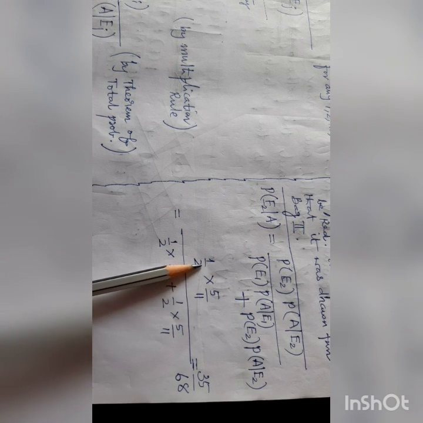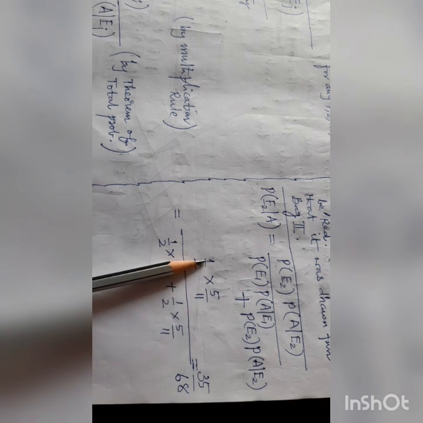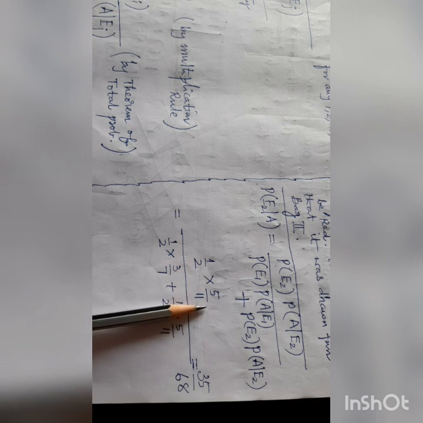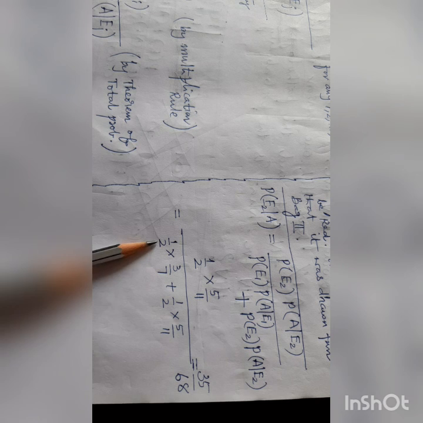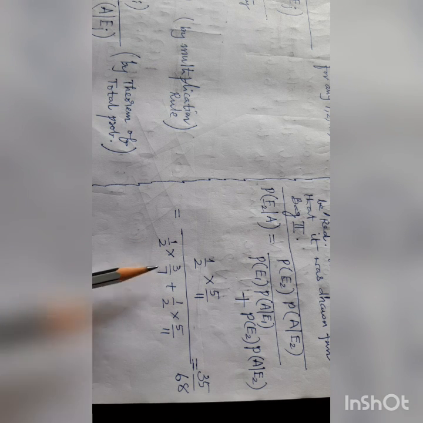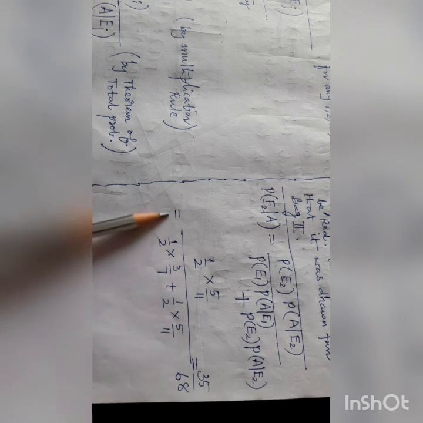What is the question? It should be the second box and red. This is the red ball probability and this is the second box probability: 1 by 2 into 5 by 11. This is first box probability and first box red probability, plus second box probability and second box red probability. This is total probability.